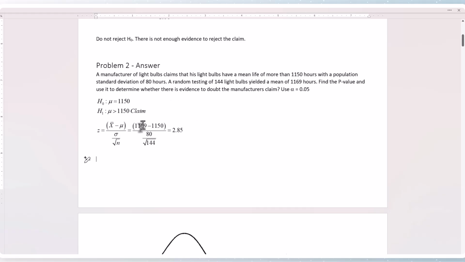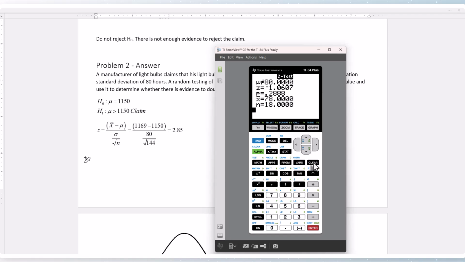Sample mean is 1169. The mean is 1150. Population standard deviation is 80 divided by the square root of sample size 144. Once again, we can use our calculator to verify that the result is 2.85.